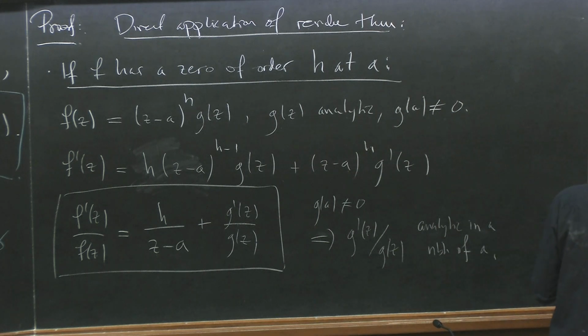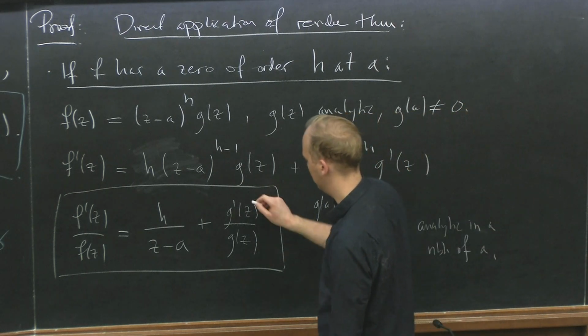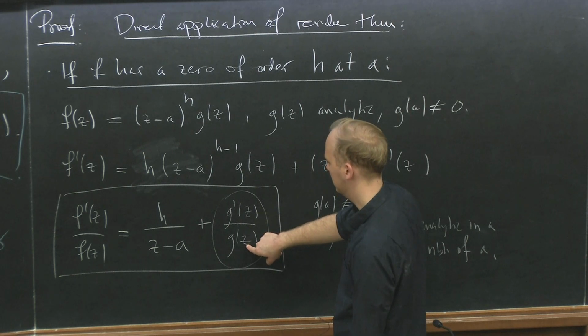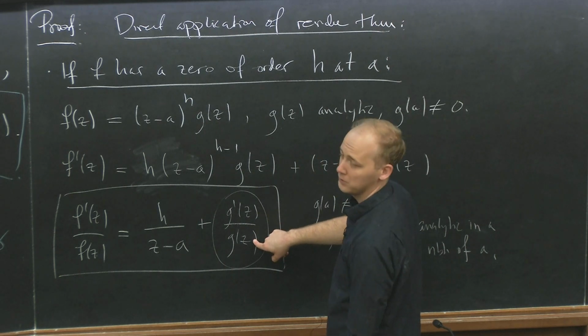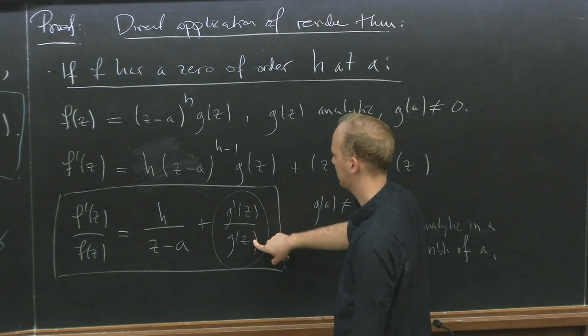Okay, and this implies in turn what? So what is the conclusion? I say that this one, because the denominator is not 0 close to a, is analytic close to a. And what can we then conclude about the residue at this point?